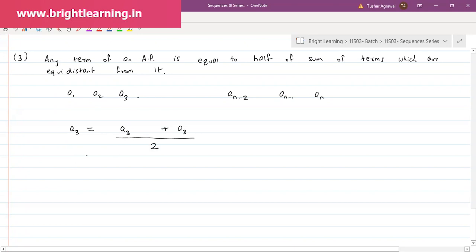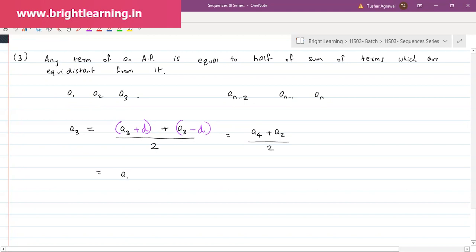Now, if from A3 I go D units ahead, this is separate, and if I go D units backwards, this is separate. Is it correct? When I go D units ahead, where I have landed is the next term. When I go D units backwards, where I have landed is the previous term. So A4 and A2 addition, half of that. Got it? Same result, sir.